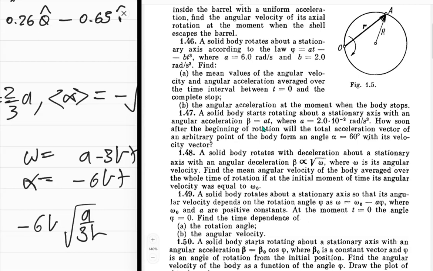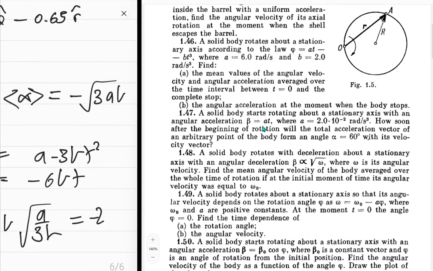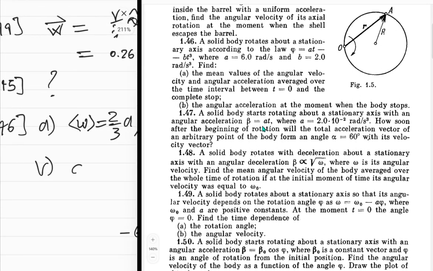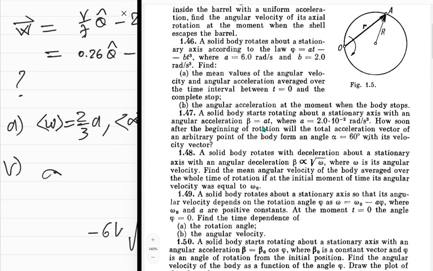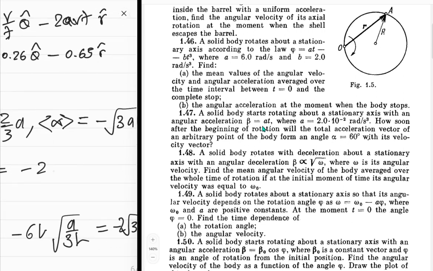Looks nice. So this will be negative 2 square root of 3ab. Nice, isn't it? So your angular acceleration is just negative 2 square root of 3ab.